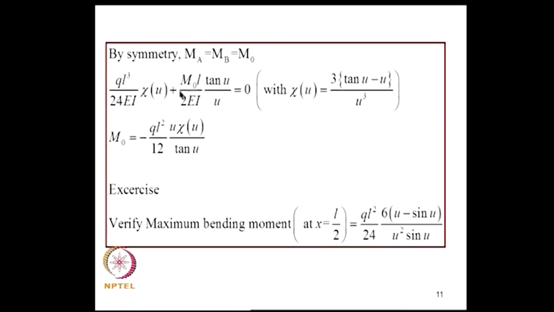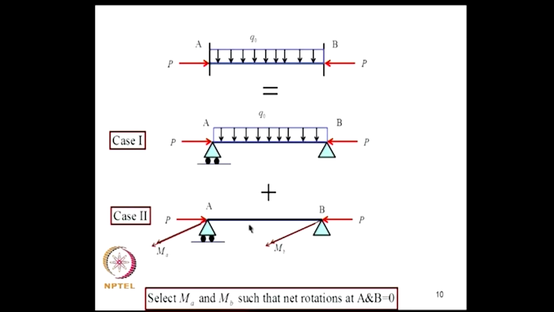So the condition when translated into the solution that we already derived becomes this: q L cubed by 24 EI chi of u plus this must be equal to 0, and based on that we get M naught. Once M naught is determined, I know the complete solution to this problem and this problem. This problem is already solved.